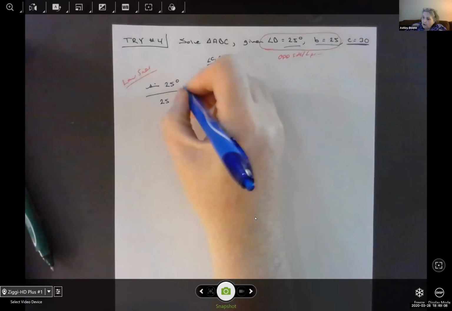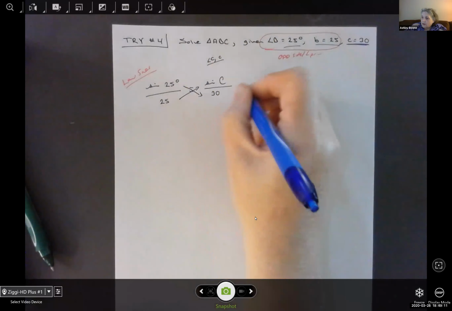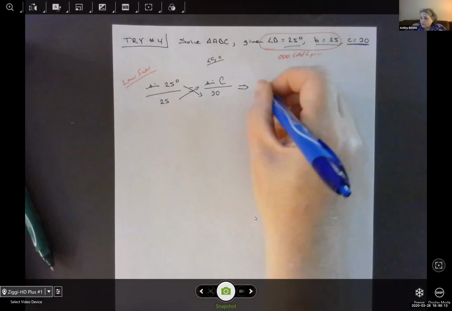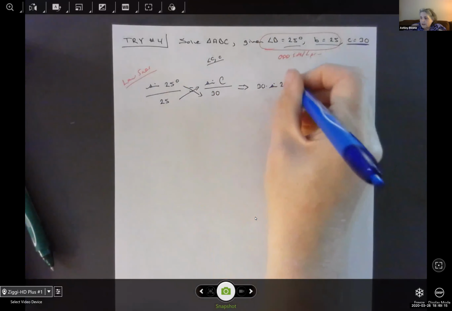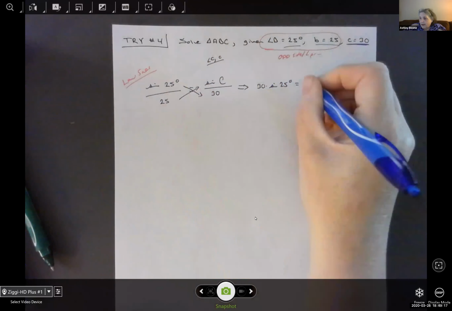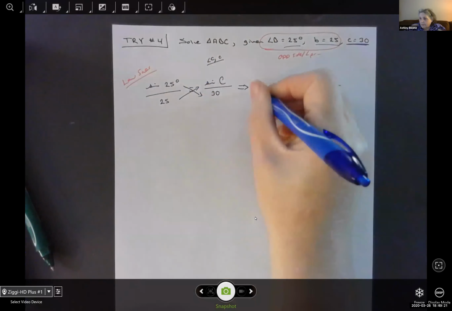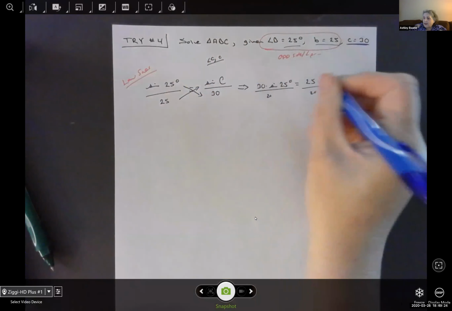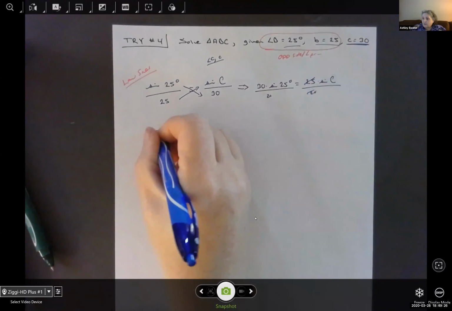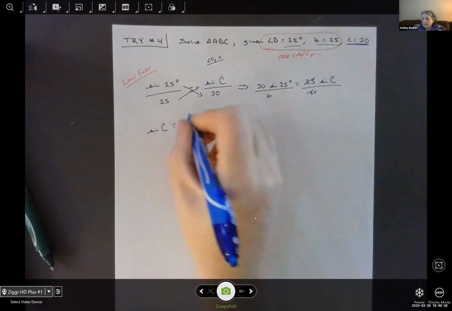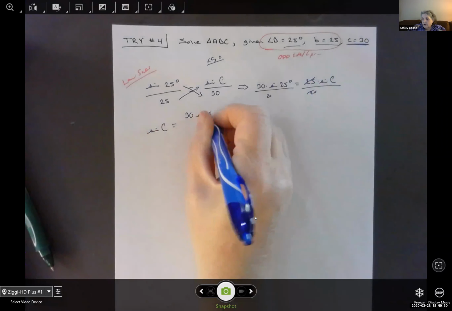Again, I can cross multiply. So this says that 30 times the sine of 25 degrees would be equal to 25 times the sine of C. Divide both sides by 25. So that gives us the sine of C is equal to 30 times the sine of 25 degrees over 25.